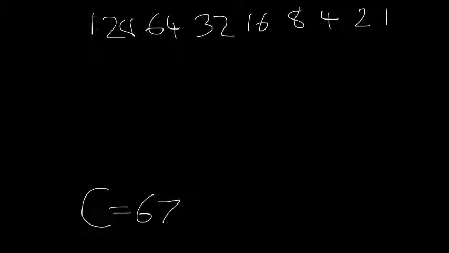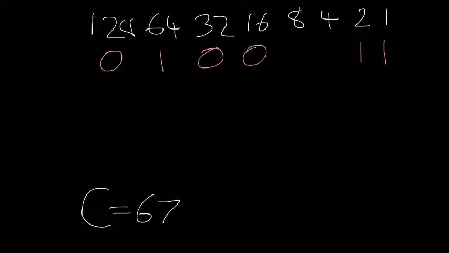So we know that 128 is too big. Put a 0 underneath it. 64, however, very close to 67. So 67 minus 64 equals 3. So we need to find which numbers add up to 3 out of the remaining ones. I'm going to go with 2 and 1. There's nothing else there that we could add up to make the number 3. So the rest of the numbers have a 0 underneath it.